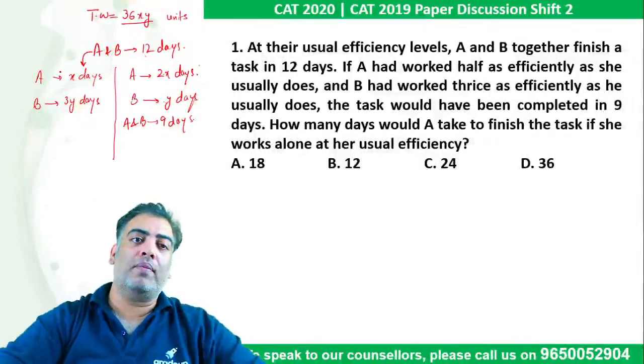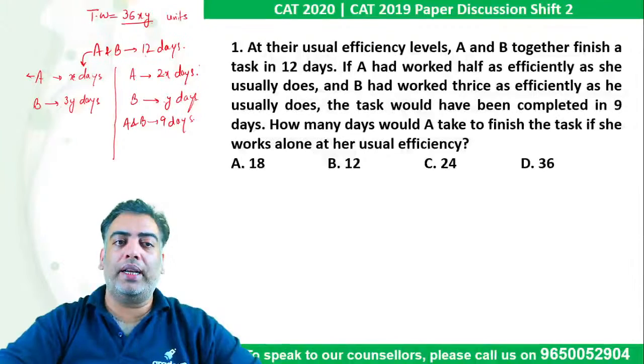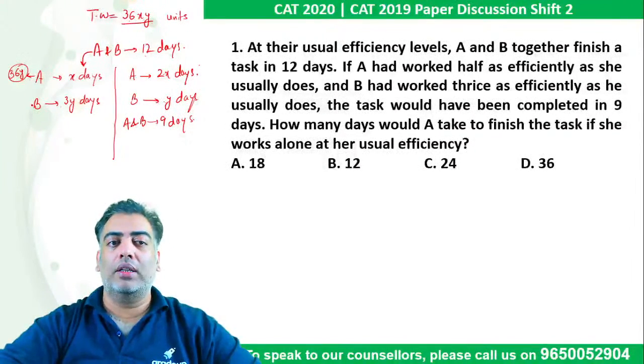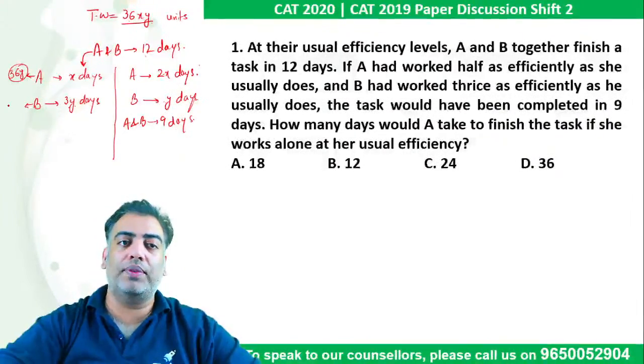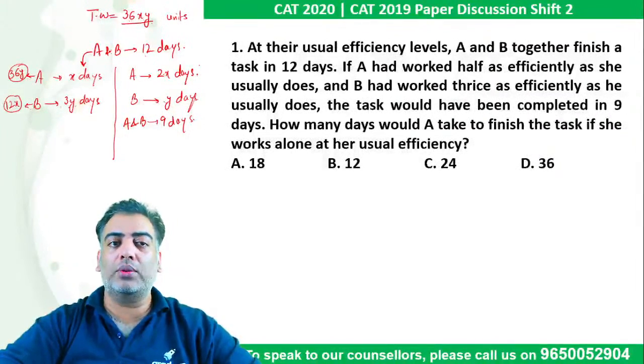So 36xy are the total units they are going to complete. If A can complete 36xy units in x days, then in 1 day the work done must be 36y. Likewise for B, in 1 day the work done will be 36xy upon 3y, which comes out to be 12x. And when they are working together, they can complete the work in 12 days.